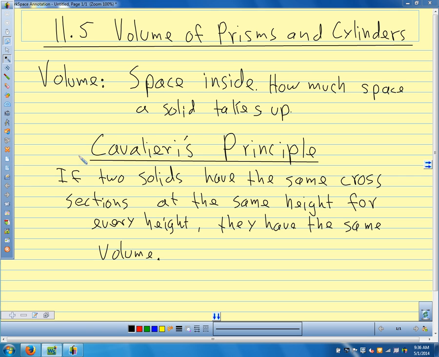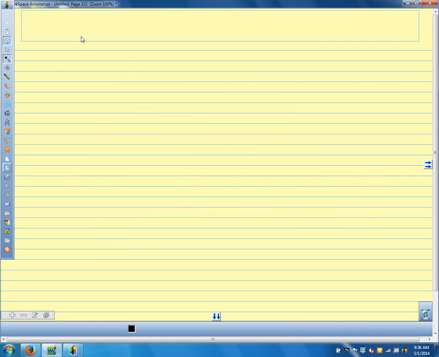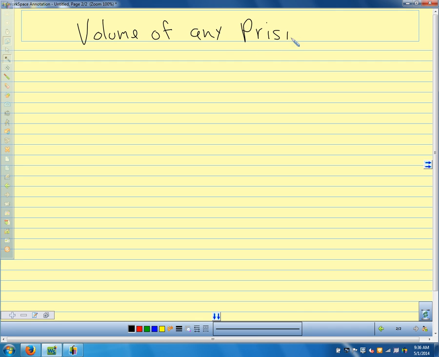All right, so let's talk about our formula. The volume of any prism, can be an oblique prism, can be a right prism. Very easy formula. Volume equals the area of the base times the height.